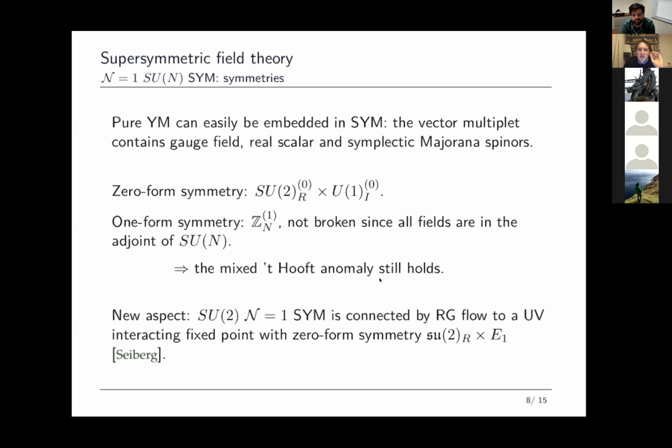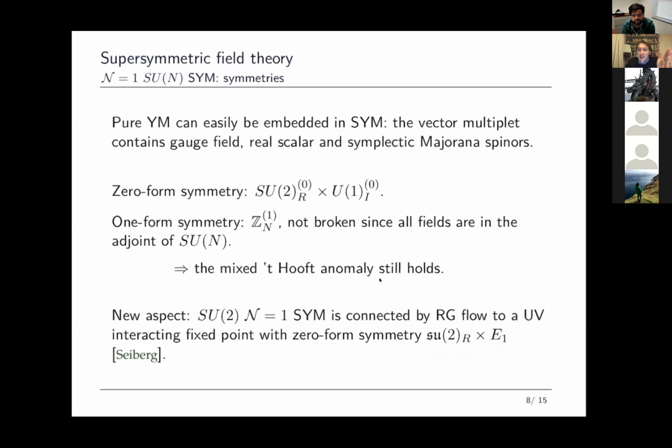For concreteness, in the following, I will focus on the case of SU(2) super Yang-Mills with center Z2, which is supposed to be UV completed to an interacting superconformal theory with a zero-form algebra SU(2)_R times SU(2), which I write E1 because I know where I'm going in five slides.